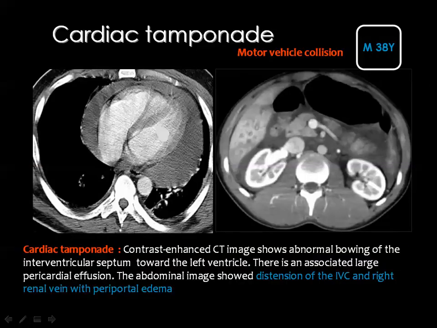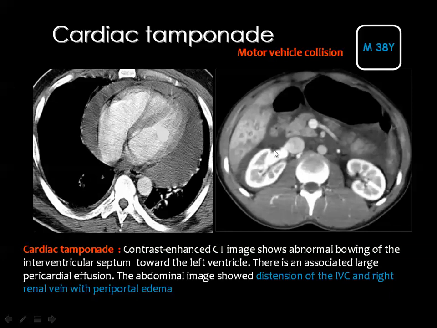And you see here, this is a case of cardiac tamponade due to a large pericardial fluid collection, and this is what's known as the deviation of the interventricular septum to the left side, which is considered one of the signs of cardiac tamponade.